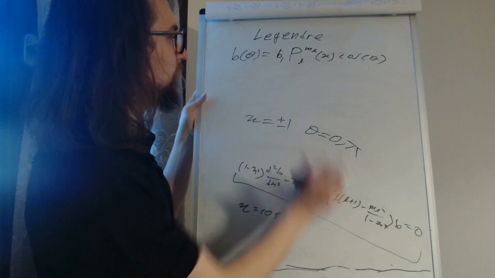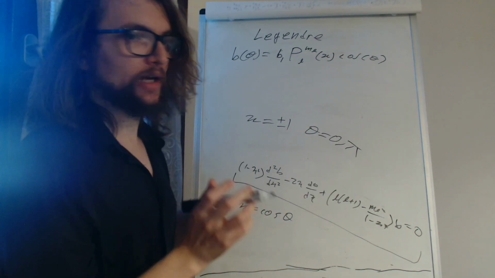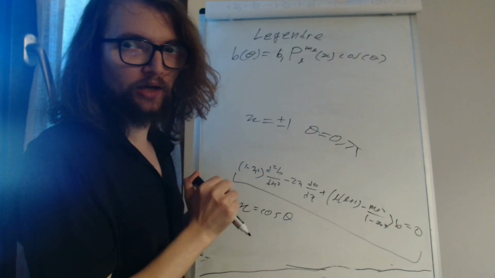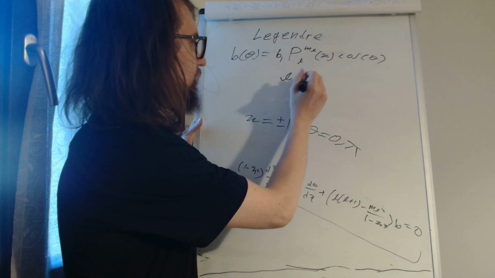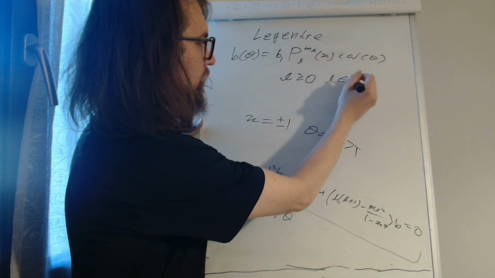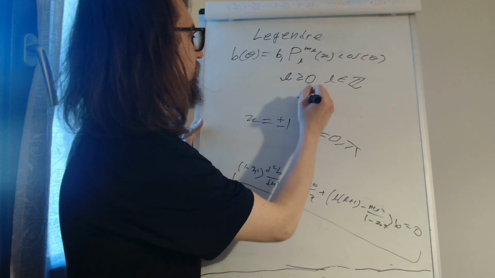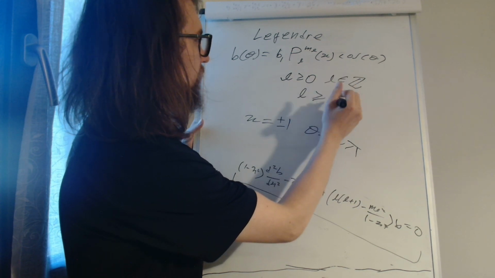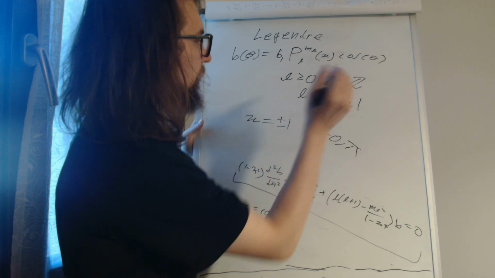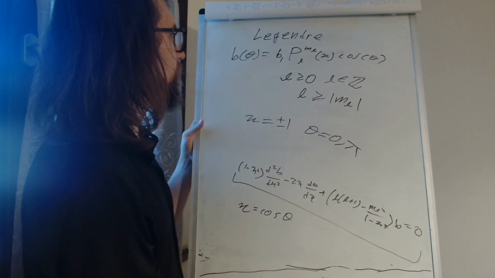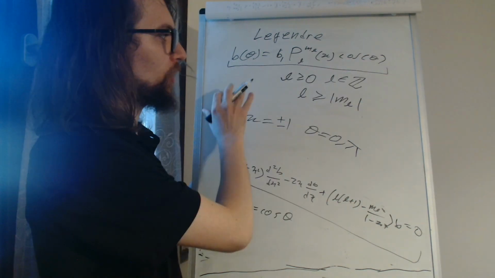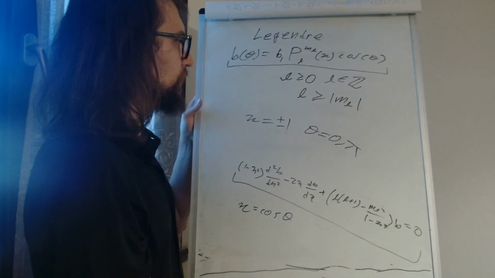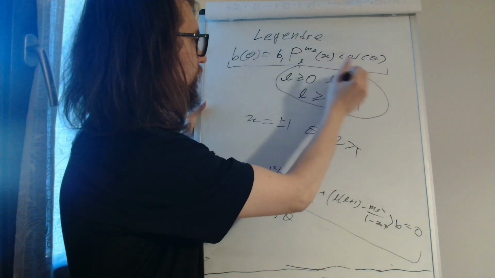And this term here only converges in 1 and minus 1 only if L is greater than or equal to 0, L is an integer, and L is greater or equal to the modulus of ml. So we have this solution for the polar part of the wave function with these conditions.